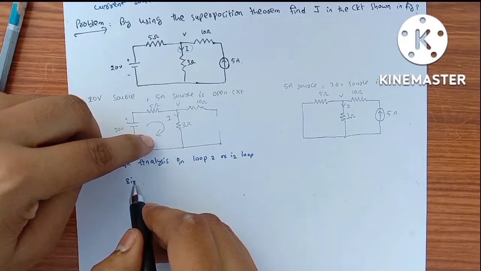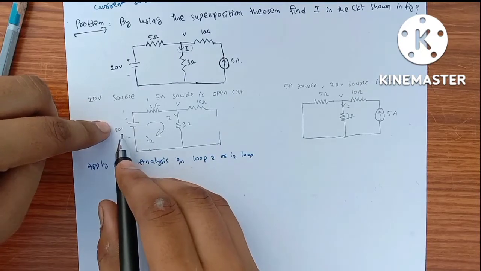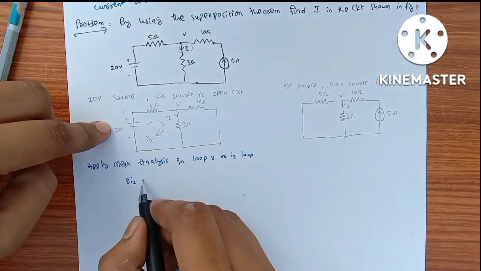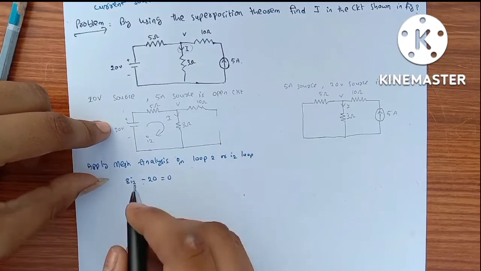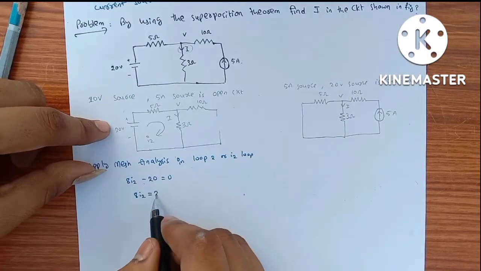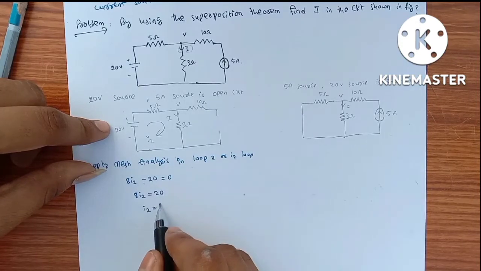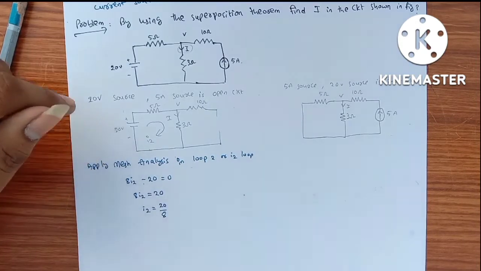Since I2 touches the negative terminal of the 20 volt source, minus 20, which equals 0. Then 8 I2 equals 20, so I2 equals 20 by 8.